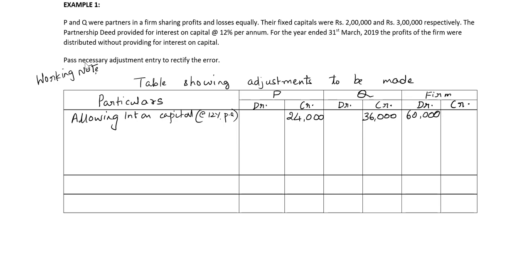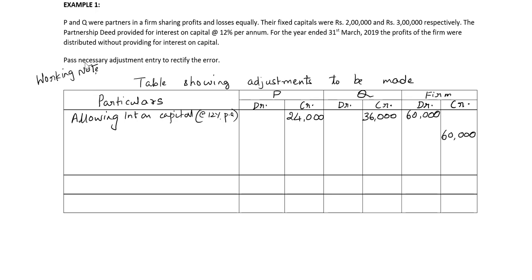Next step is to balance the firm. So to balance the firm column, I need to write 60,000 in the credit of the firm. And this amount has to be distributed in the profit sharing ratio and put in the opposite column for the partners.